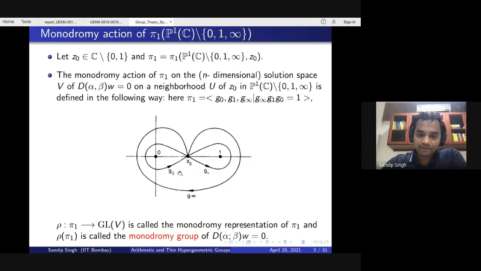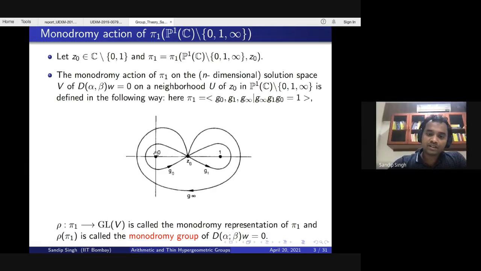So, for example, to define the action of G naught, fix a set of n linearly independent analytic functions which form a basis for the solution space of the equation d alpha beta w equals 0. Suppose f1, f2, ..., fn are the n linearly independent vectors which form a basis for that solution space. Just analytically continue fi along the loop G naught, and of course you have to make sure that the analytic continuation is also a solution of the differential equation d alpha beta w equals 0.